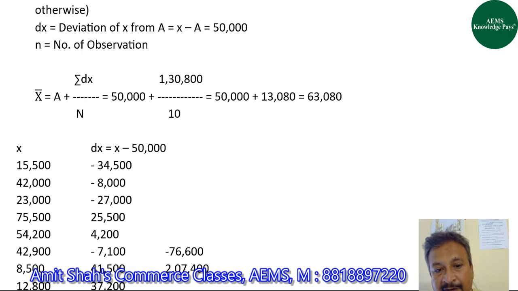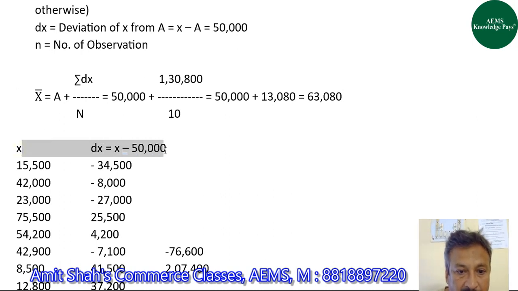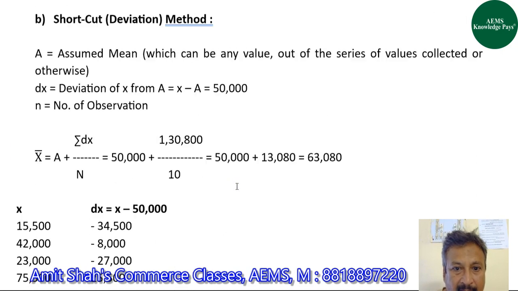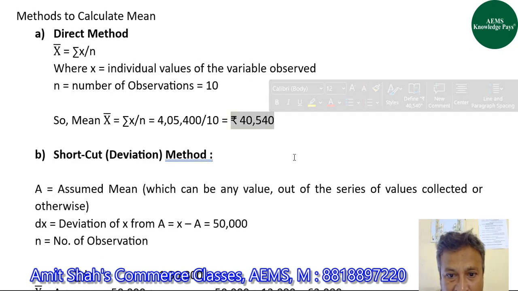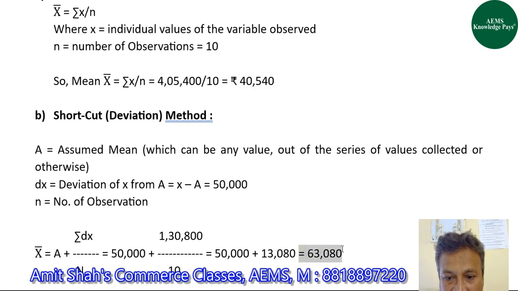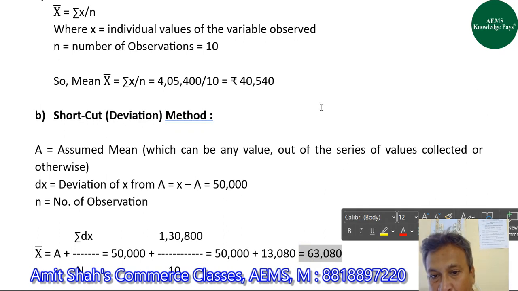So I hope, guys, you all have understood the calculation part. Yes or no? Yes, sir. Okay, here yesterday I got the value as 4540, and here I got the value as 63,080, though they both should be absolutely the same, guys.